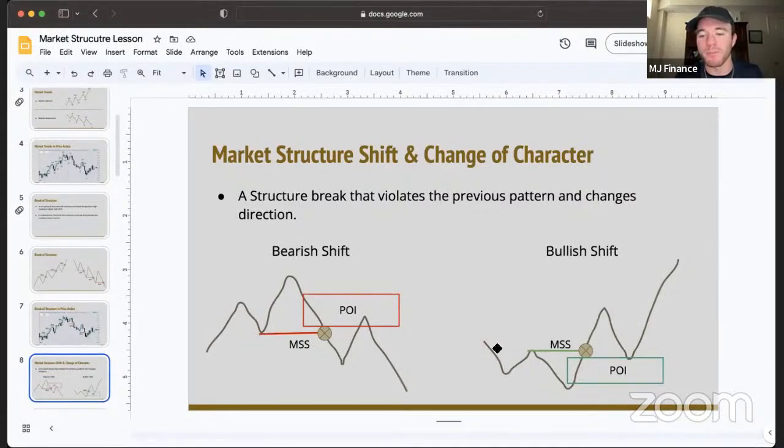A bullish shift is when price is in a downtrend. Then all of a sudden it's not. Price displaces above the most recent swing high, market structure shift. Our point of interest is going to be a gap that is going to be left on this leg that shifted the structure.